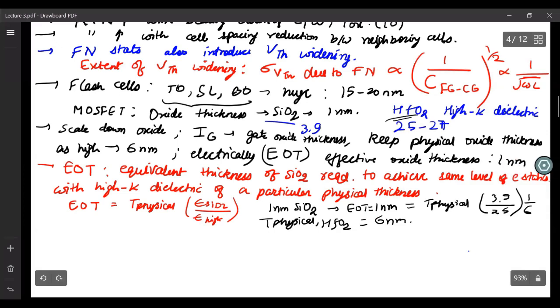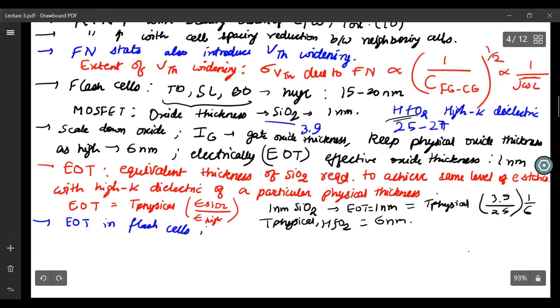By discussing these, what I really wanted to convey was that the EOT in your flash cells is very high. And this leads to what? This leads to poor gate control, or poor electrostatic integrity.